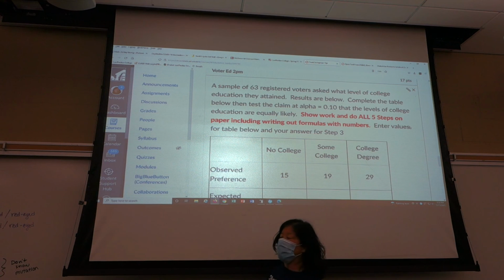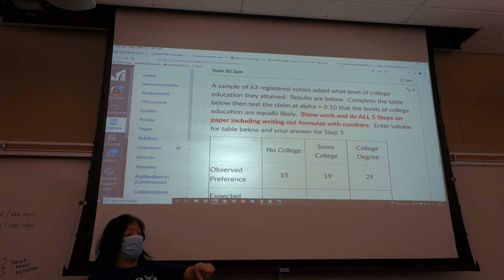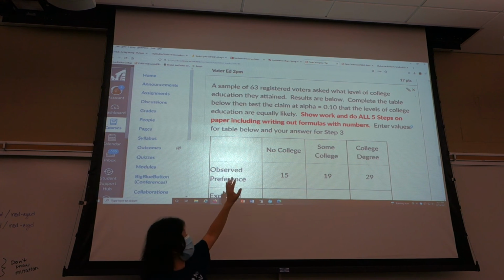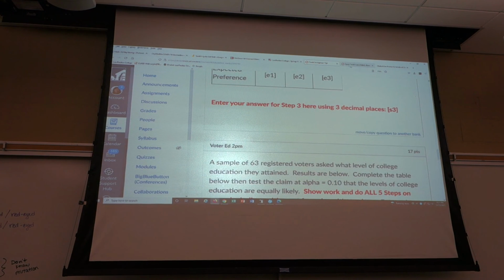So how do we find them? Divide 63 by how many? Ryan, you said divide by how many? 3, because it's 3 categories. So 63 divided equally amongst 3 categories, and you should get what? 21. Yep. Good.